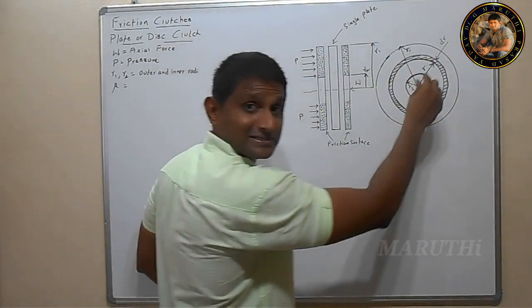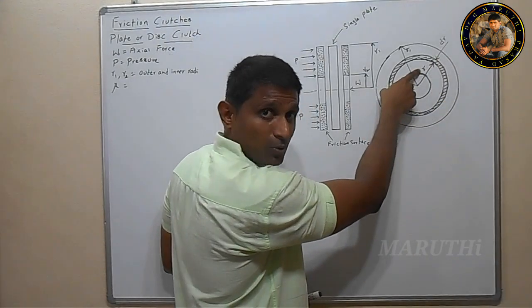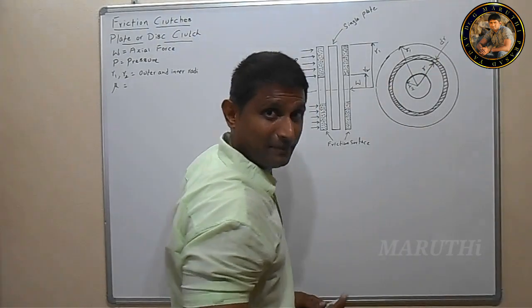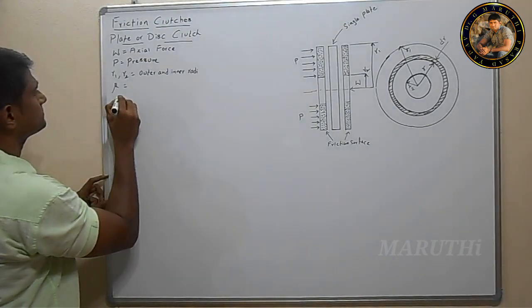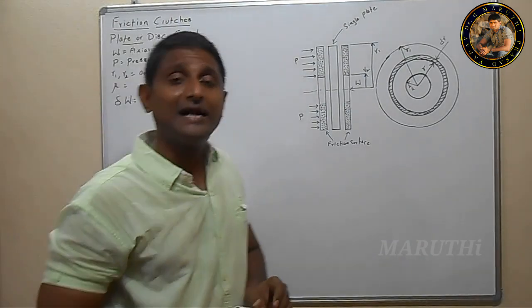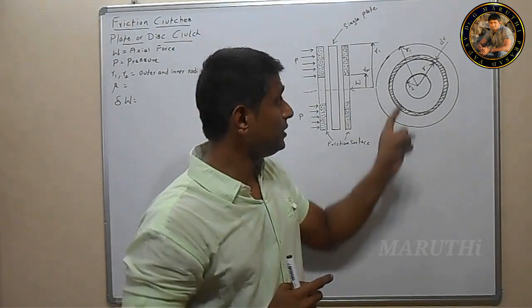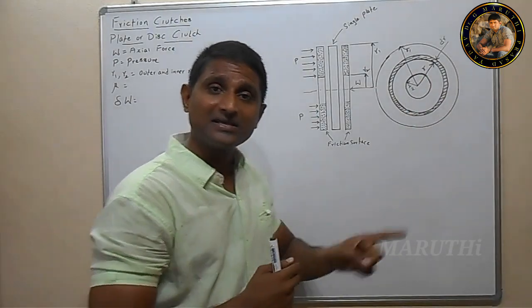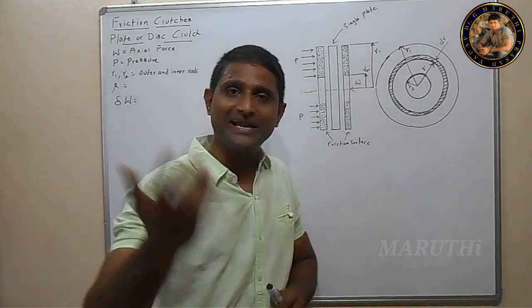So let us consider this small ring with a radius of r. The thickness of this elementary ring is dr. Therefore delta W, the axial force developed considering only this elementary ring, is equal to pressure times area, since load is equal to pressure into area.